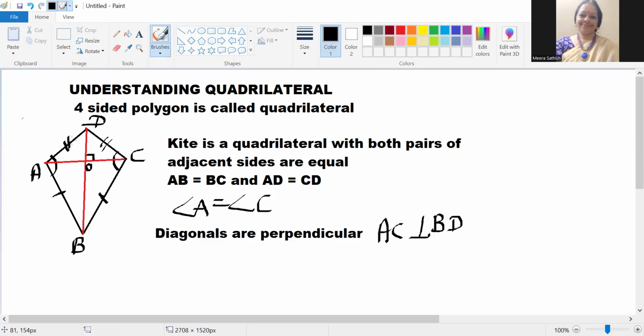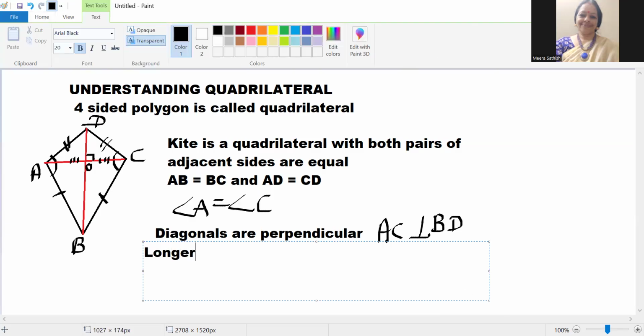Another speciality: O is the midpoint of AC. OA is equal to OC. That means the longer diagonal bisects the shorter diagonal.